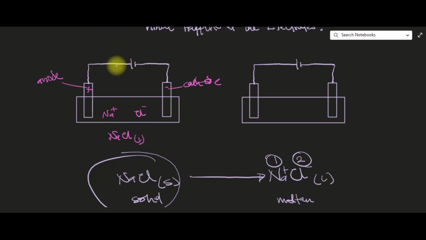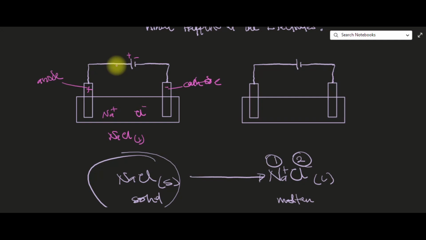Now, whenever you pass electricity, you supply electricity from your DC source here, for example, a battery. So this is going to be the positive side of the battery, and this is going to be the negative side of the battery. Remember, the negative side, I said, has more electrons than the positive side.